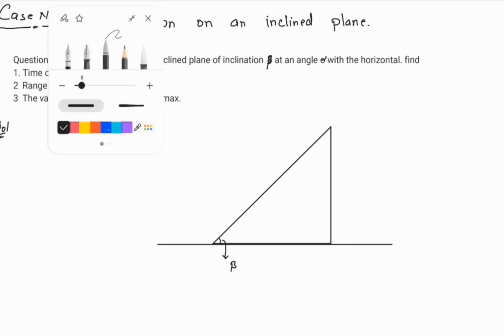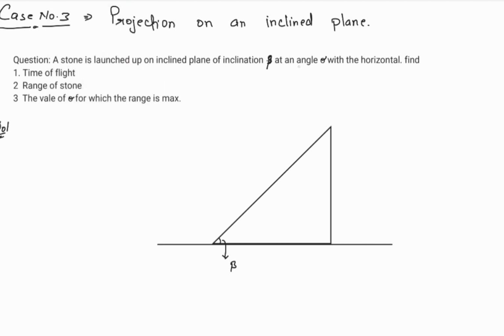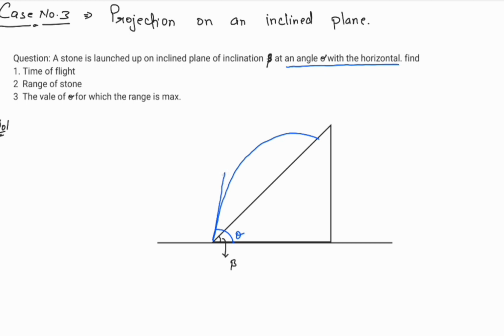And we are going to throw a stone at an angle theta with the horizontal, like this. This angle is theta, the angle from the horizontal axis. Let us consider the initial velocity at which we have thrown the stone is u.